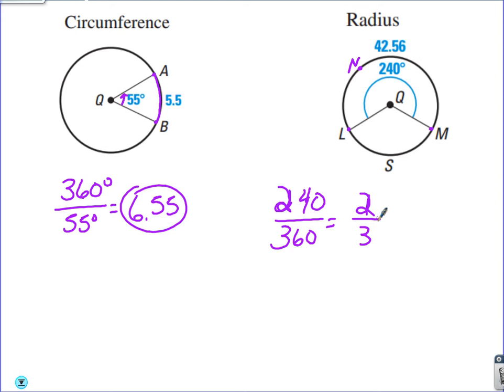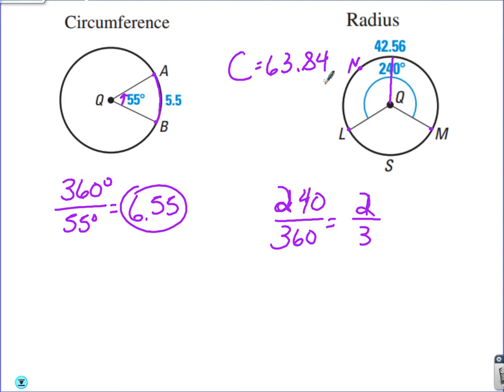If I half it, I get 21.28, and then you multiply that by 3, that's the circumference. That's the whole circumference. So somebody do that for me. Half it, 21.28, multiply it by 3. That's 63.84. Good job. That's your circumference, all the way around the circle.